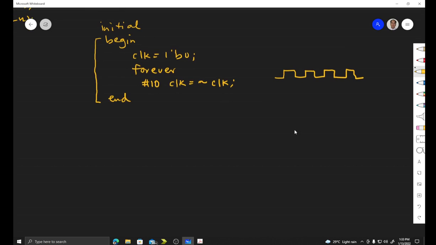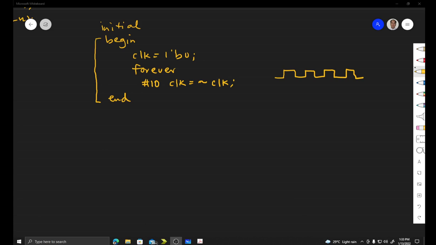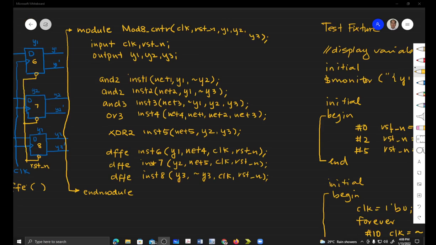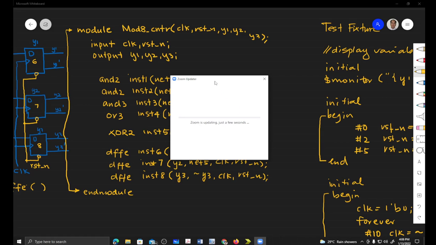Now we can instantiate or determine our simulation. Okay, so we will do this one using Xilinx. Again, we're going to implement this code using Xilinx.